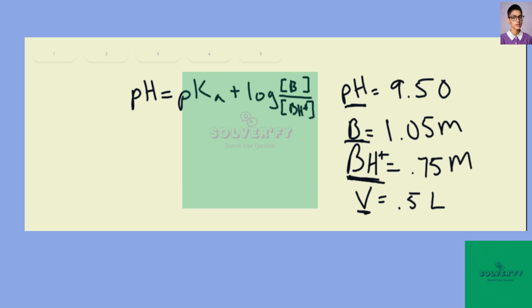the pKa. And so if you rearrange the equation, it will be pKa equals pH minus the log of the concentration of the base over the concentration of the acid.